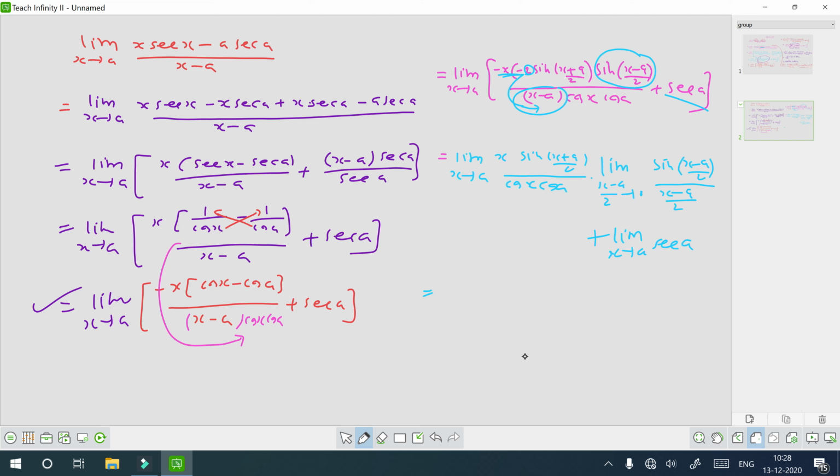Now put the limit, what do you get? a sin a over cos square a, with x equal to a here, into 1, this one comes out 1, plus limit of a constant term is constant, sec a. So what you get? a sec a tan a plus sec a. Yes or no? Yes.